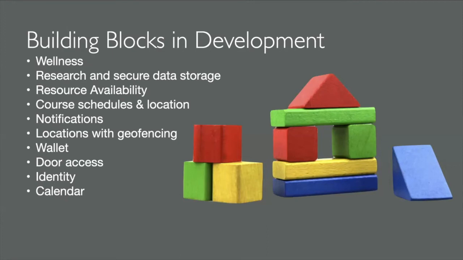We're developing a wallet functionality that you can leverage for purchasing. Just a variety of these needs, which, as Bill pointed out, came forward as requirements from a design thinking process that we engaged in with focus groups and users across campus.